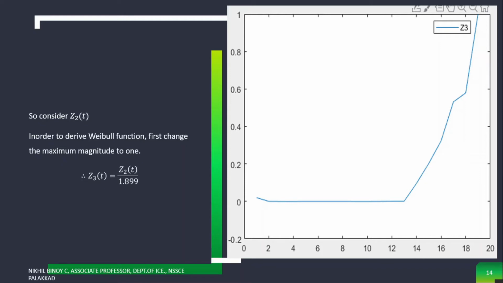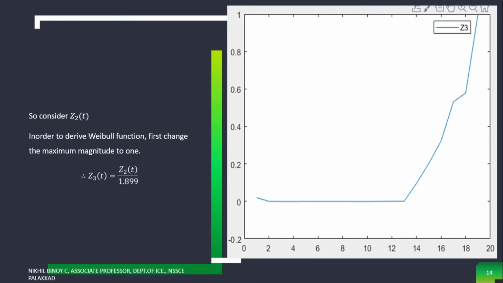Going through table 1, you can see that the maximum value of Z is 2 at t equal to 90.